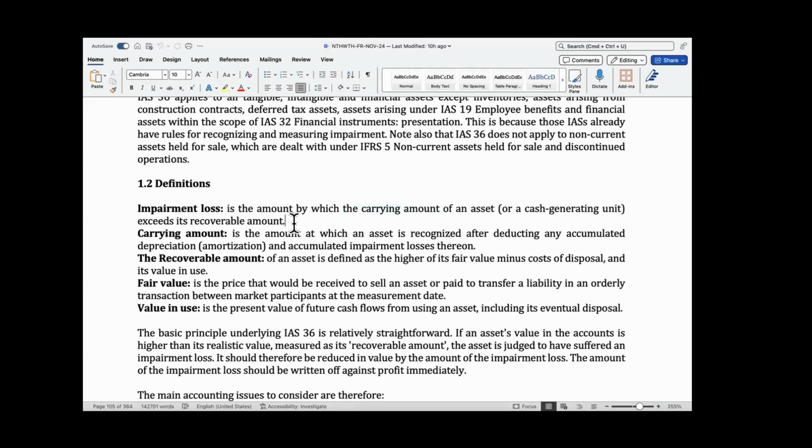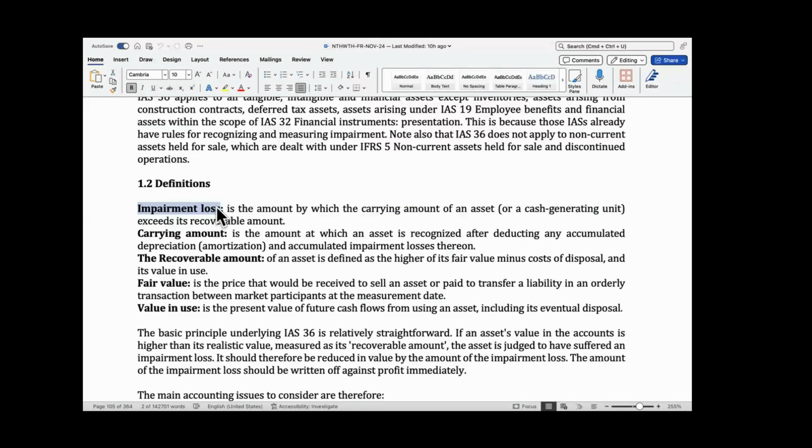So what this is saying is that when your carrying amount is higher than your recoverable amount, the amount by which the carrying amount exceeds that recoverable amount is called impairment loss.